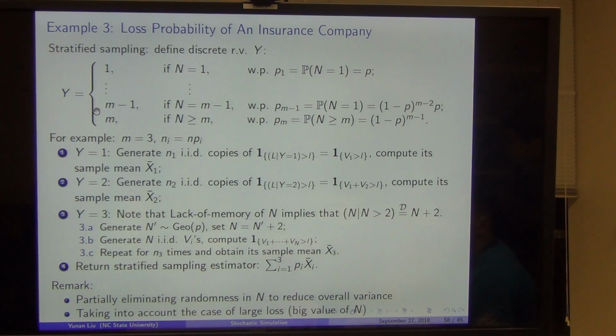Here, in case 1, we don't have to generate n. We know n is 1. In case 2, we don't have to generate n. We know n is 2. In case 3, we have to generate n. We have to generate a random variable that is geometrically distributed and add 2. So we have partially eliminated the randomness in n. We cannot completely eliminate randomness in n because n has infinite support.